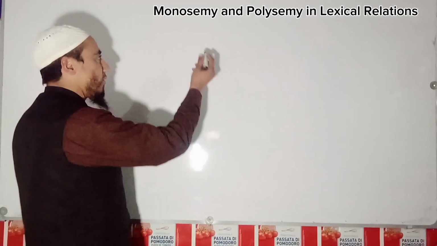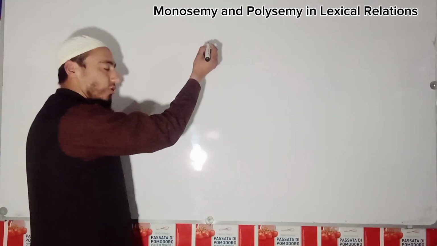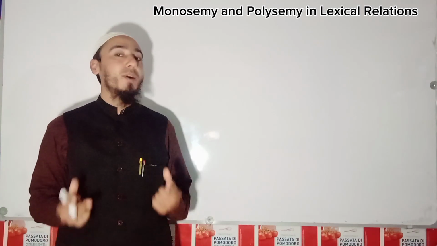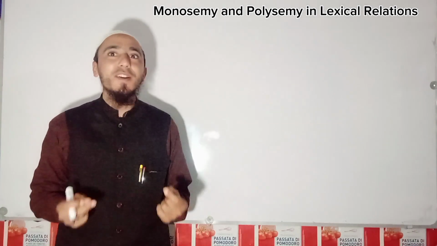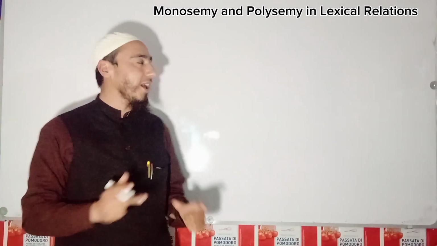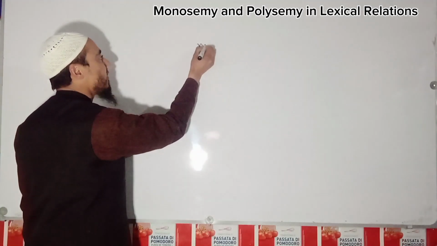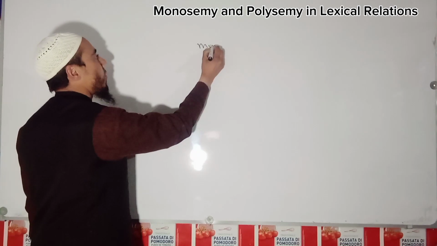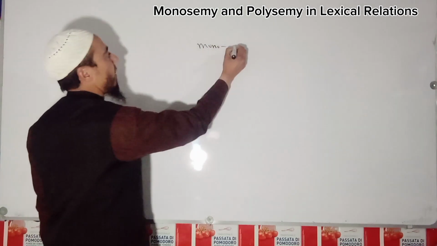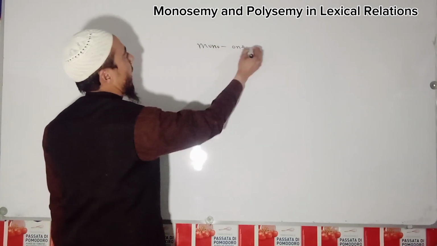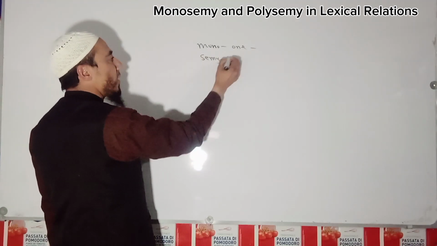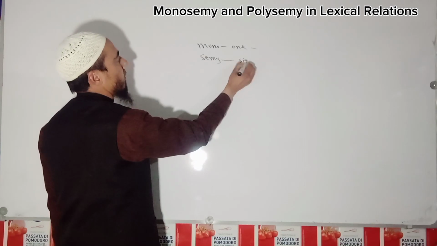Let me tell you about the definition of monosemy. What is meant by monosemy? Whenever we are talking about monosemy, mono means one. This is derived from the Greek word. Mono means one, and semi means sign.